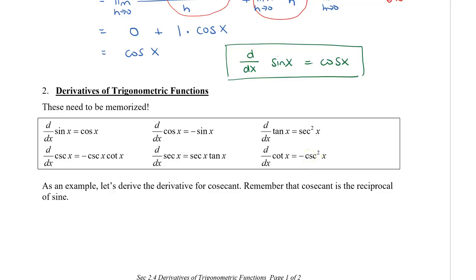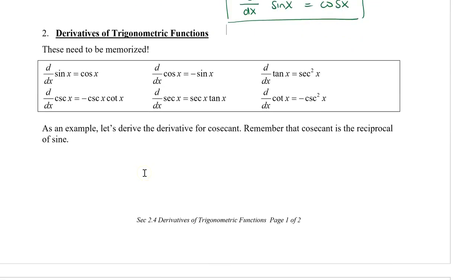So maybe as a last example here, let's derive the derivative of cosecant. And to do that, we're going to use the fact that cosecant is a reciprocal of sine. So finding the derivative of cosecant x is the same as finding the derivative of 1 over sine x. And even better, we can also think of this as sine x to the power of negative 1.